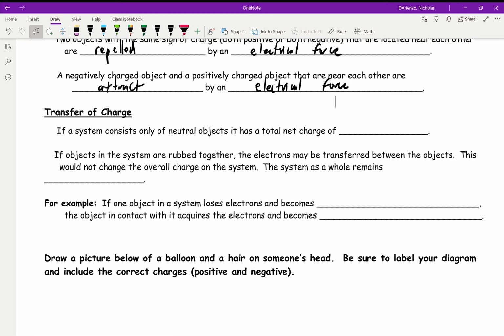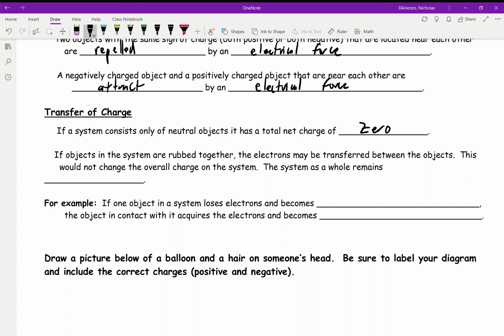Now, as I was saying, objects can transfer electrons back and forth between each other, depending on the types of materials. Less likely to happen if we have the same material, but with different materials and different properties, they're more readily going to gain and lose electrons. Now, if a system consists only of neutral objects, it has a total net charge of 0.